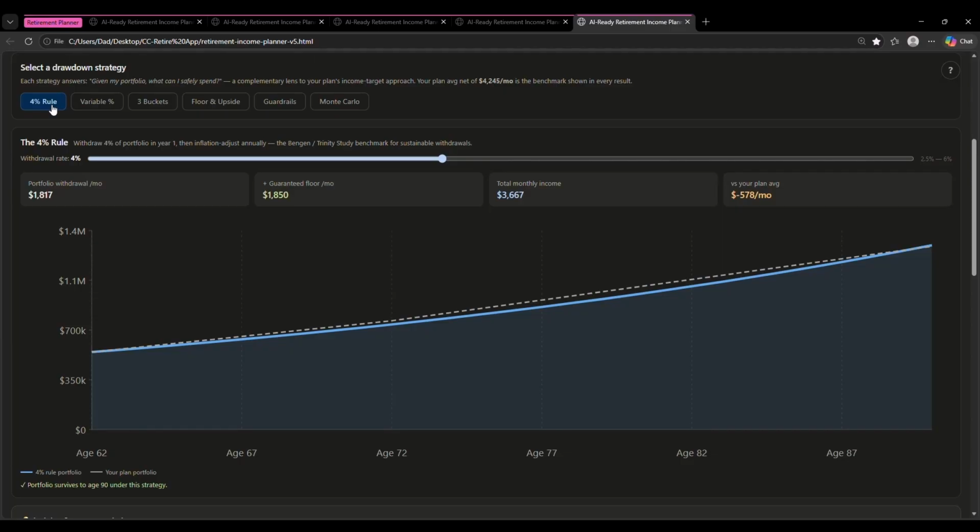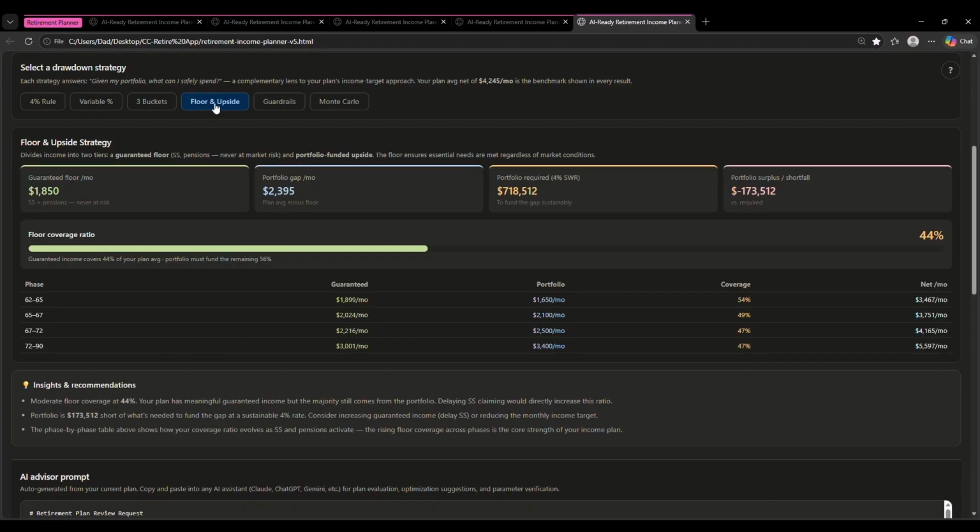If that rate is below 4.5%, your plan is historically safe by this benchmark. Note the rate. Go to floor and upside. Check your coverage ratio. If it's above 50%, your guaranteed income meaningfully reduces your market risk. Note what phase your coverage becomes strong.